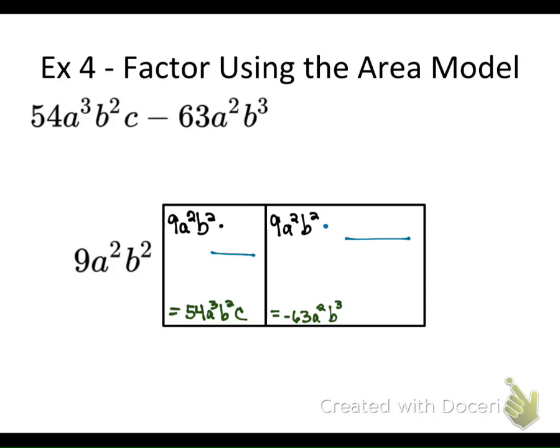Now, please don't just randomly shout out answers here, because this is where it gets a little confusing. I look at my height. I have A squared, and then my total area, I have A cubed. I have 2 up here, I have 3 down here. How many more A's do I need? 1.